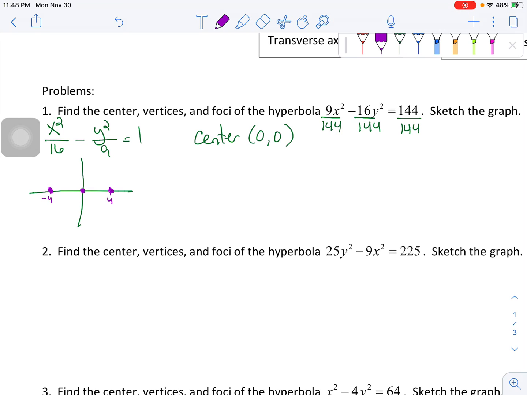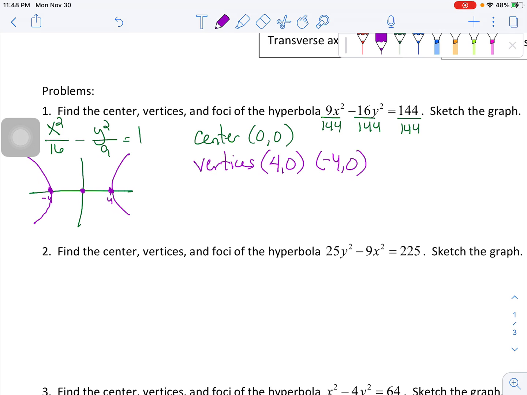Those are my vertices. Because the x comes first, I know this thing is going to branch left and right like this. So I can mark those as the two vertices: (4, 0) and (-4, 0).